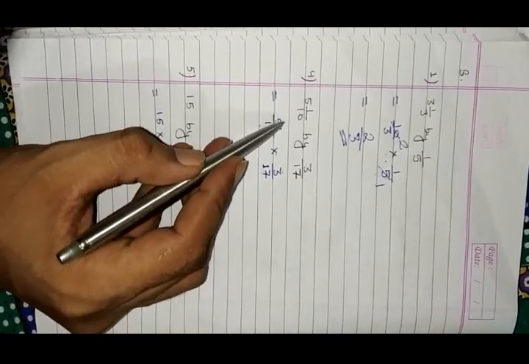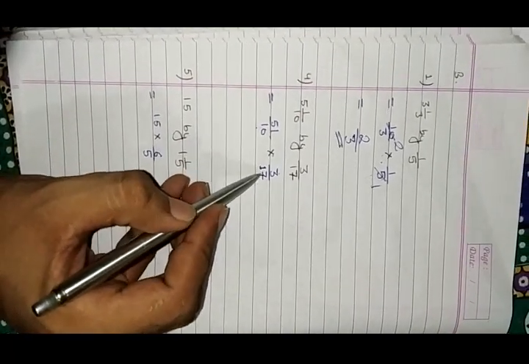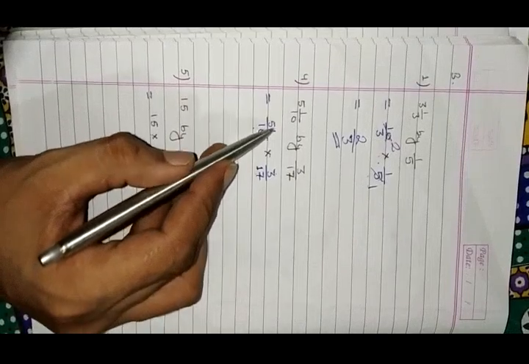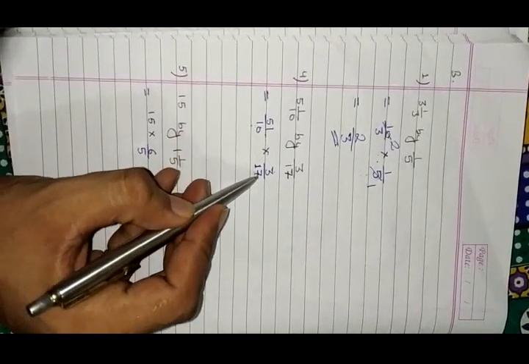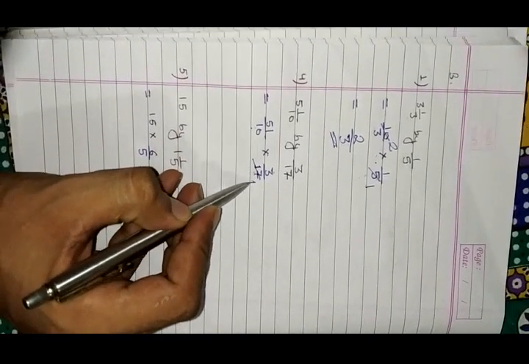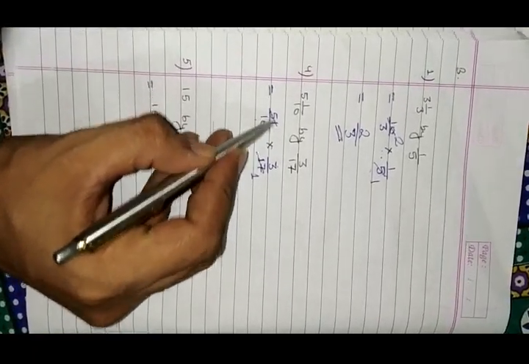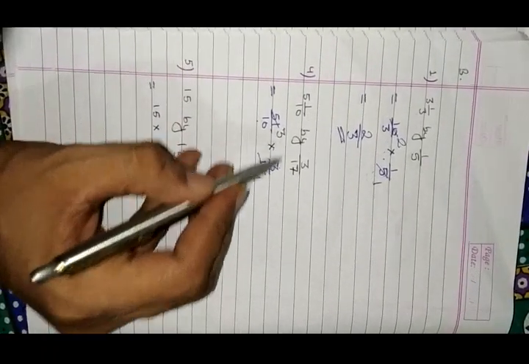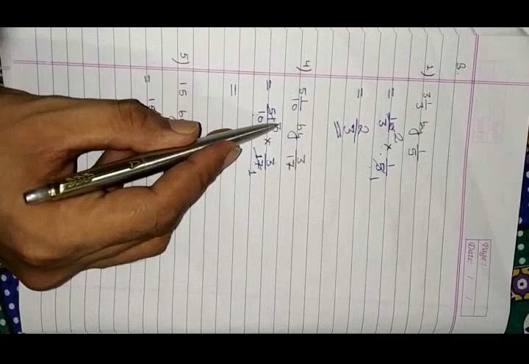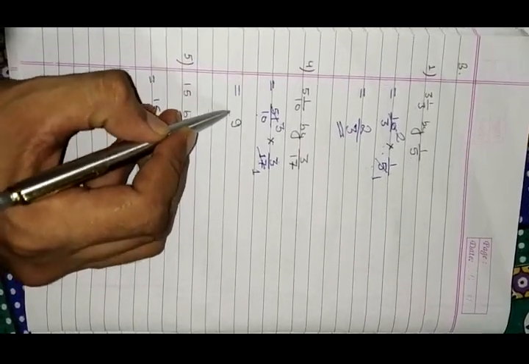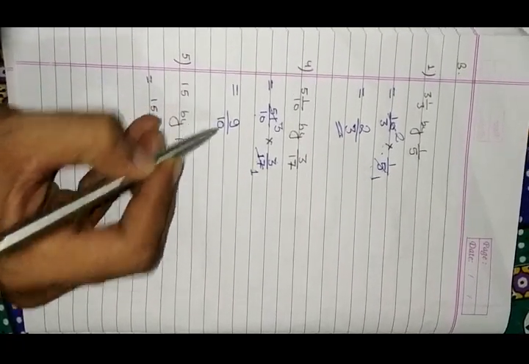So check for 51. Here 17 and 51 have common factor 17. 17 ones are 17 and 17 threes are 51. So answer is 3 threes are 9, 10 ones are 10.